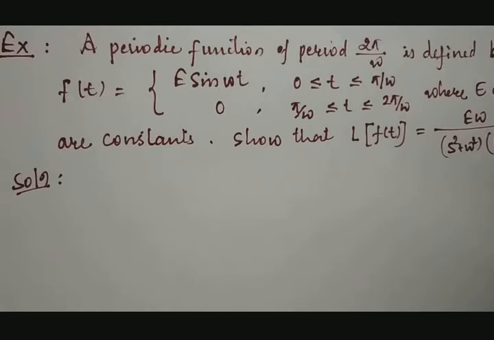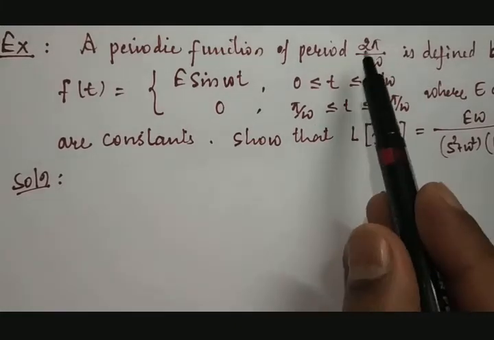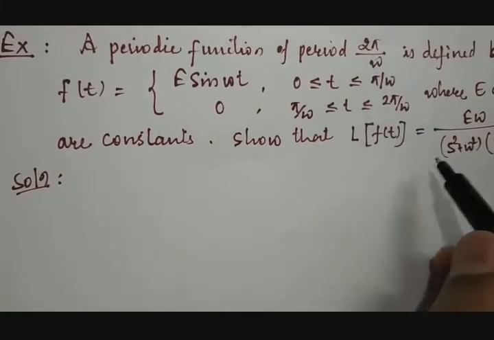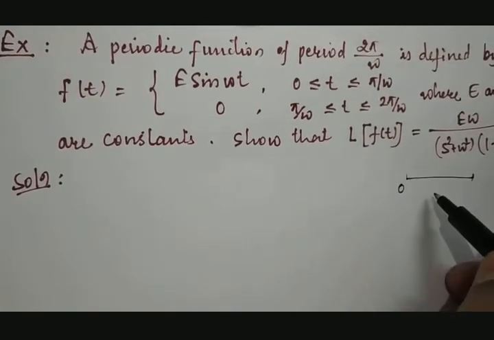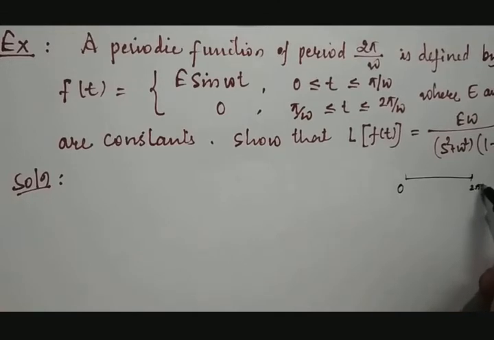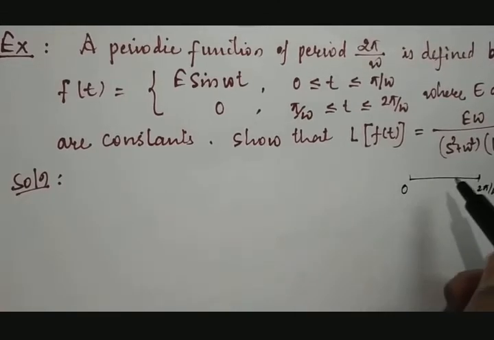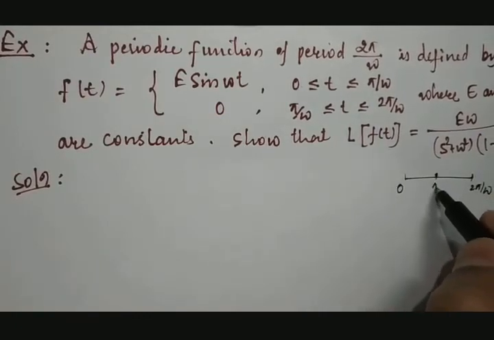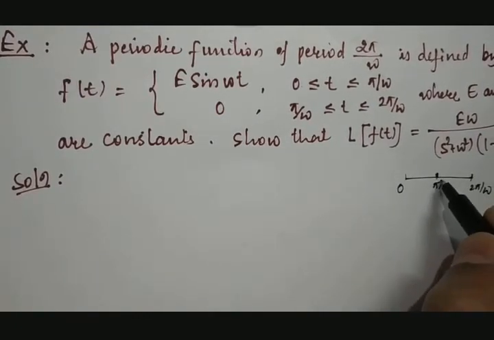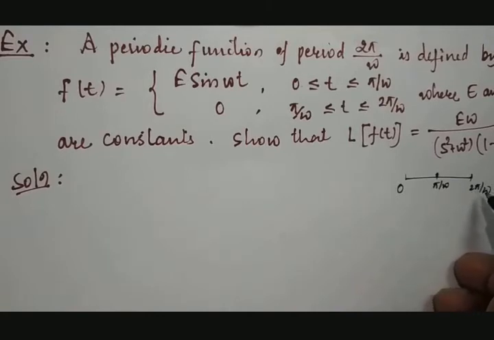Today, we are going to discuss an example on periodic function and how to obtain the Laplace transformation of a periodic function, where the given function is periodic with the period 2 pi by omega. The overall interval is between 0 to 2 pi by omega, but it is split into two parts: between 0 to pi by omega and from pi by omega to 2 pi by omega.